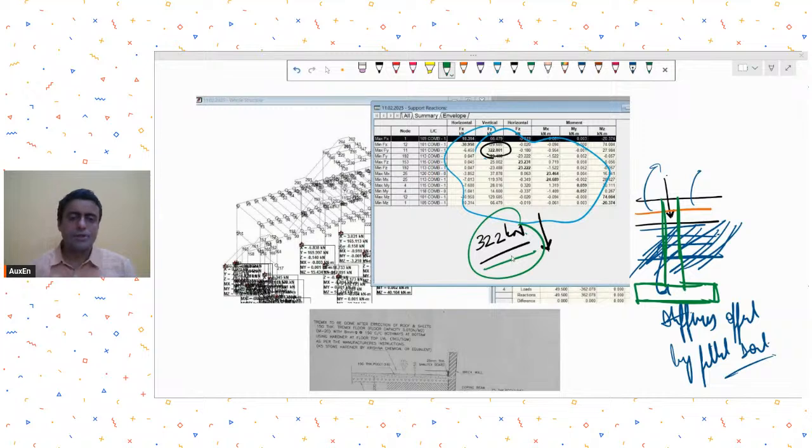So my suggestion will be, because you have a heavy compression load and you don't know what sort of filling has been provided, and if the filling is not good enough, no amount of floor strength is going to help you. Your floor will crack or break, and if the filling is not strong, it will show you problems.